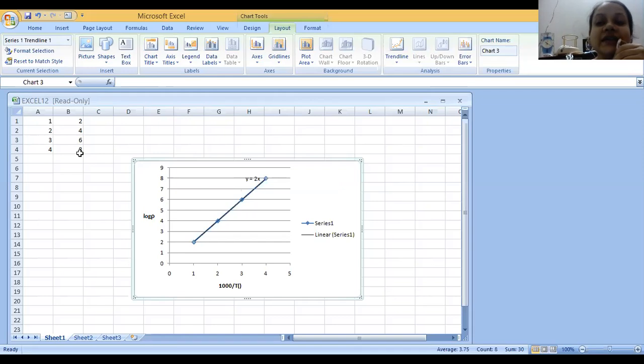And using that part of the data set, we'll draw a second graph, which will be now totally linear. And from that totally linear graph, by the method I just showed you, you will find out the equation of the straight line and the corresponding slope. And you have learned how you will use the slope for your further calculations to find out the band gap of your semiconductor. Okay.